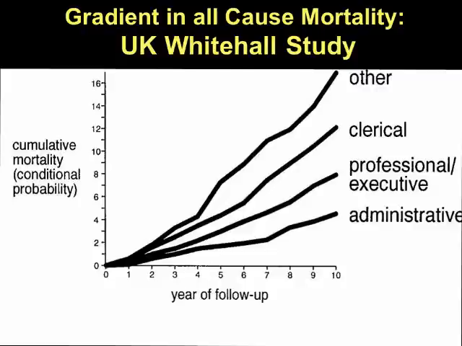The key thing that came out of this study was that the cumulative mortality, cumulative death rates, of the members of the British Civil Service followed patterns that followed their social class status within the civil service.